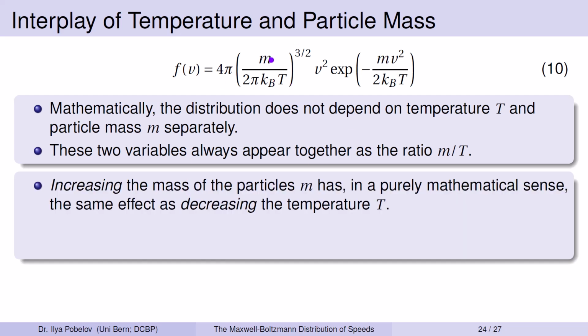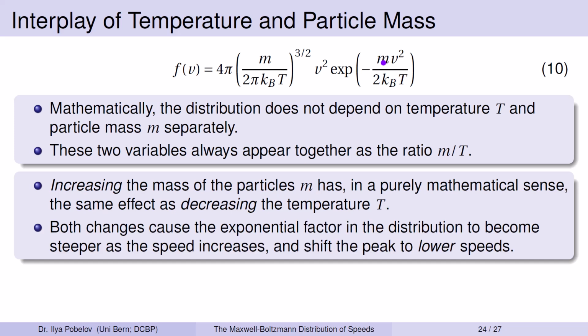This means that increasing the mass of the particles has, in a purely mathematical sense, the same effect as decreasing the temperature. Both changes cause the exponential factor in the distribution to become steeper as the speed increases, and shift the peak of the distribution to lower speeds.